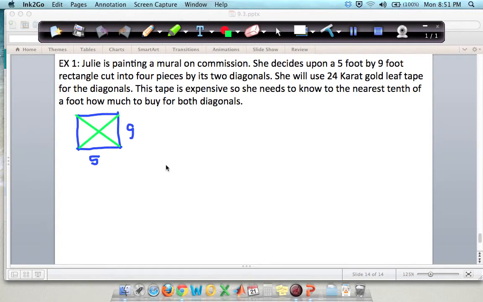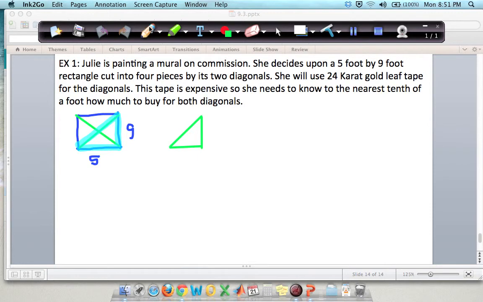Okay, so I'm just going to worry about one of these diagonals to start, and then I can double whatever answer I get. So I'm going to just worry about this triangle right there. So if I bring this over here and draw it, I'm looking at this right triangle.